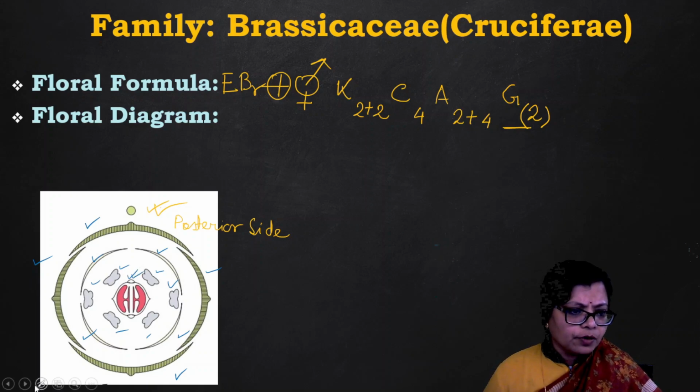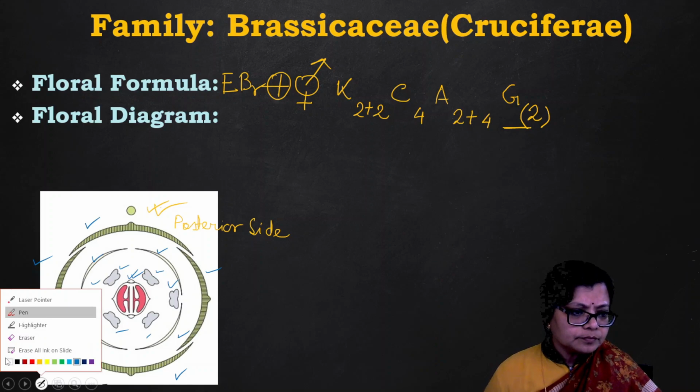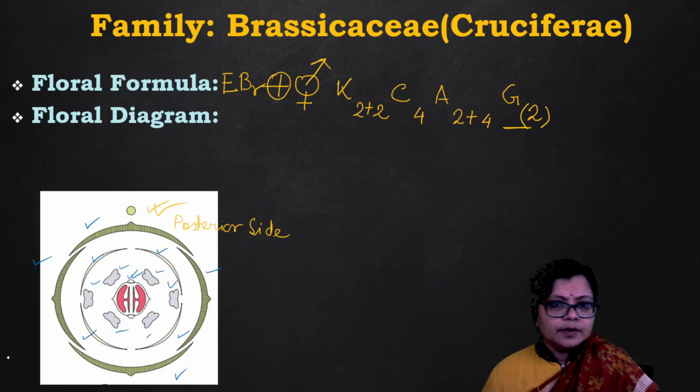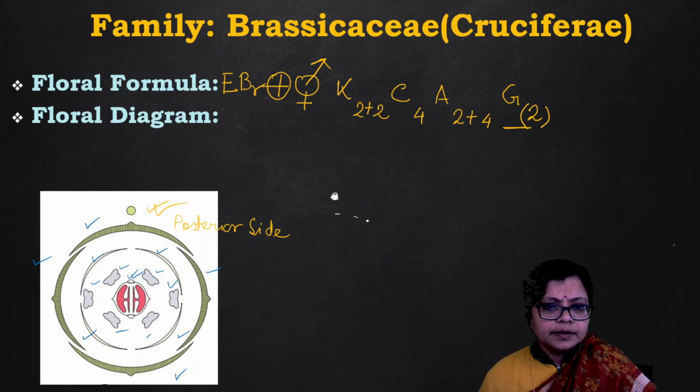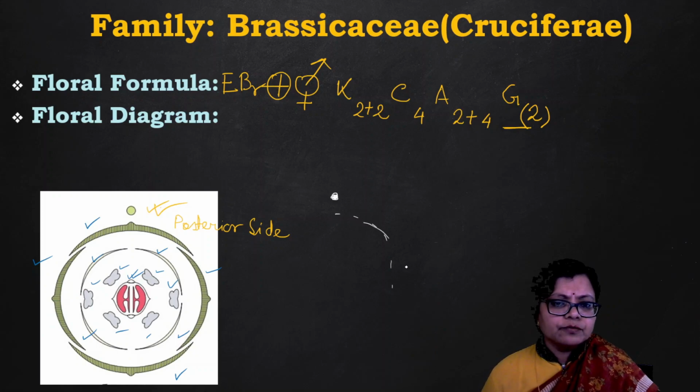So if I draw here, first the mother axis. Then outside what we have to draw is imbricate aestivation.